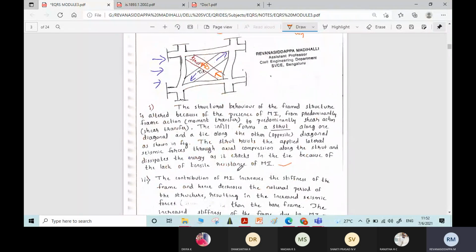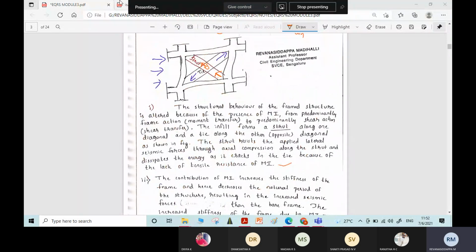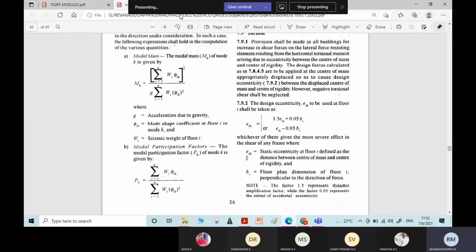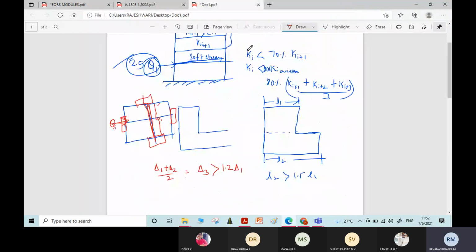Understand? When a building has an irregular plan like this, if you provide masonry infill wherever it is possible, then the difference between the center of mass and the center of rigidity will also increase.